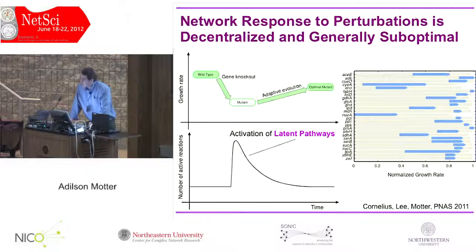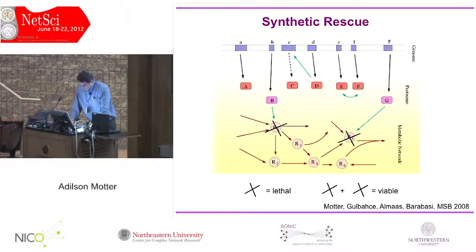And that's an interesting thing because this provides a foundation for something that we discovered a few years ago with a number of collaborators that I'm sure you know, which was that in the case of metabolic networks, very often you have gene knockouts that are lethal, but when combined with certain other gene knockouts, they are no longer lethal.